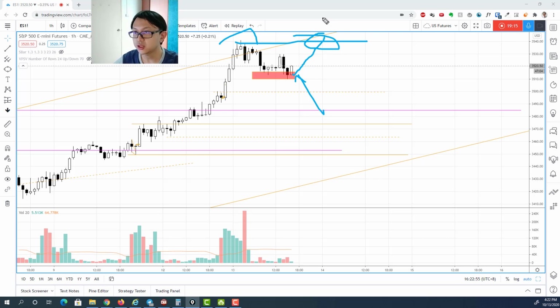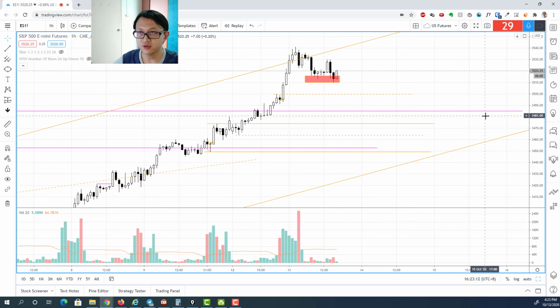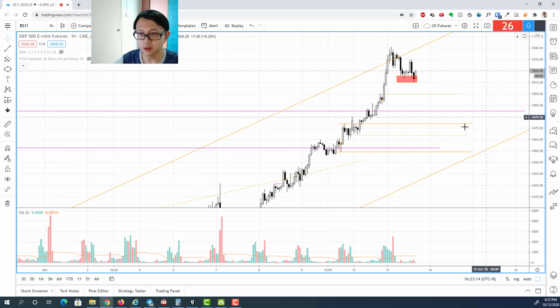So there could be a potential short entry if we have some kind of rejection with the increasing of the supply level. So let's see how it goes. But in terms of the overall structure, it's still very bullish. And if we haven't seen a lot of supply emerge in this case, it will just keep going up to test the all-time high level.